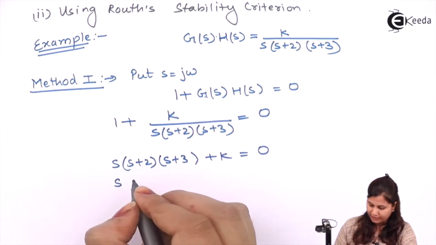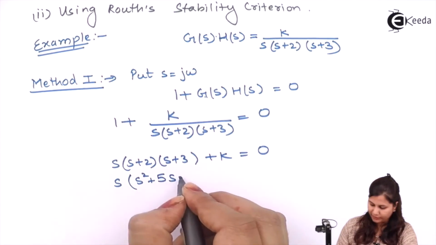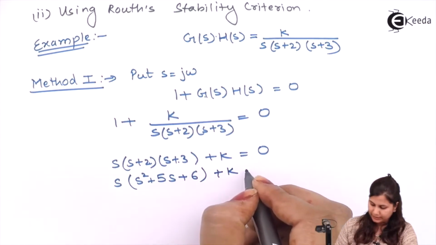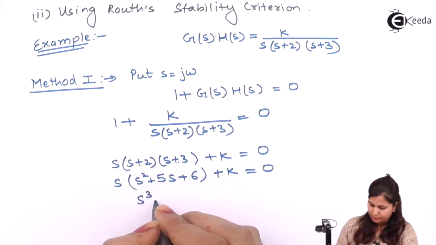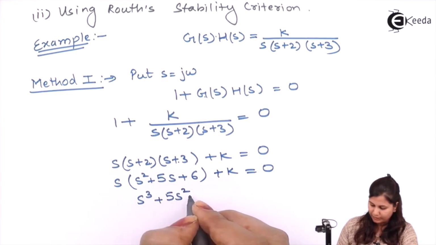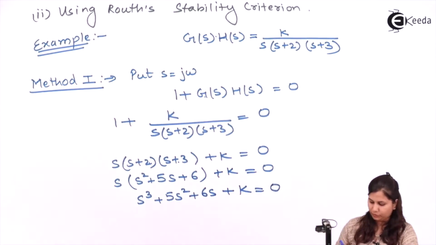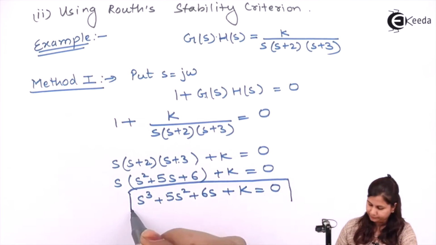So we have s(s squared plus 5s plus 6) plus K equals to 0, so we have s cube plus 5s square plus 6s plus K equals to 0. So this is our characteristic equation.